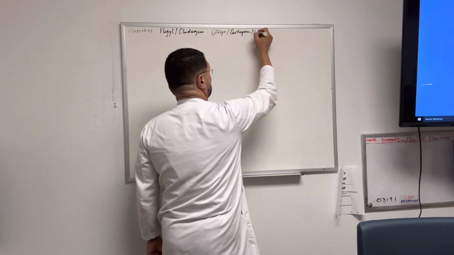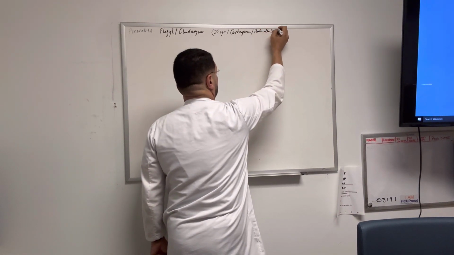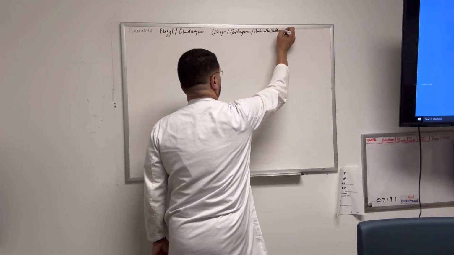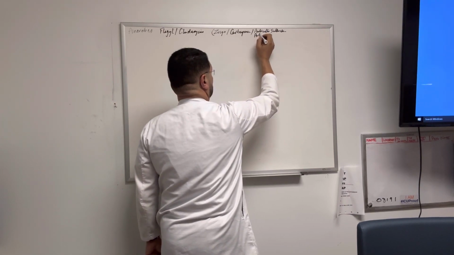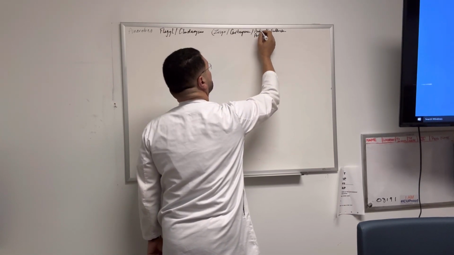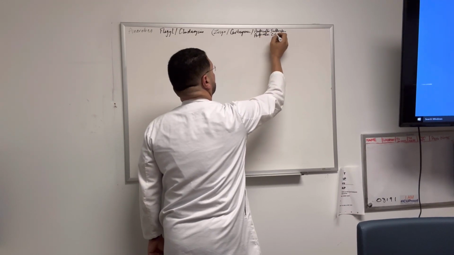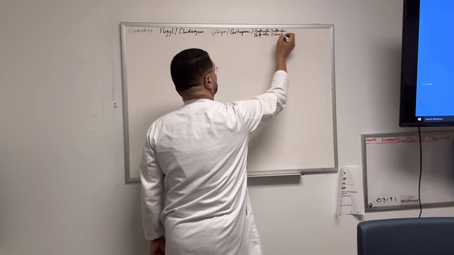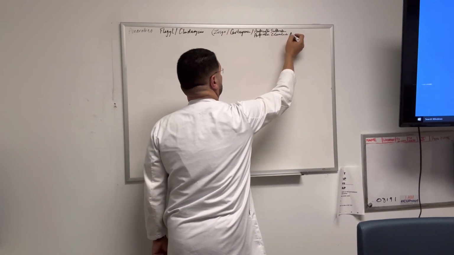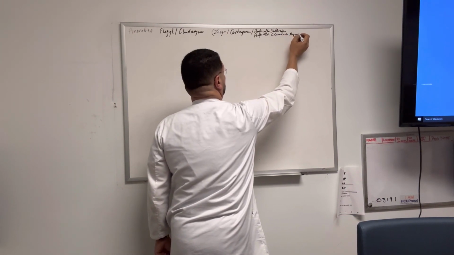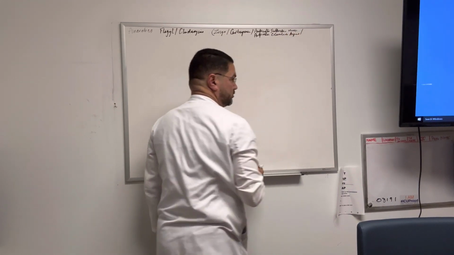Unasyn, which is ampicillin-sulbactam. And there's another one, ampicillin-clavulanate, which is Augmentin. So this is Augmentin and this is Unasyn. One is IV, one is PO, but they both cover anaerobes, right?